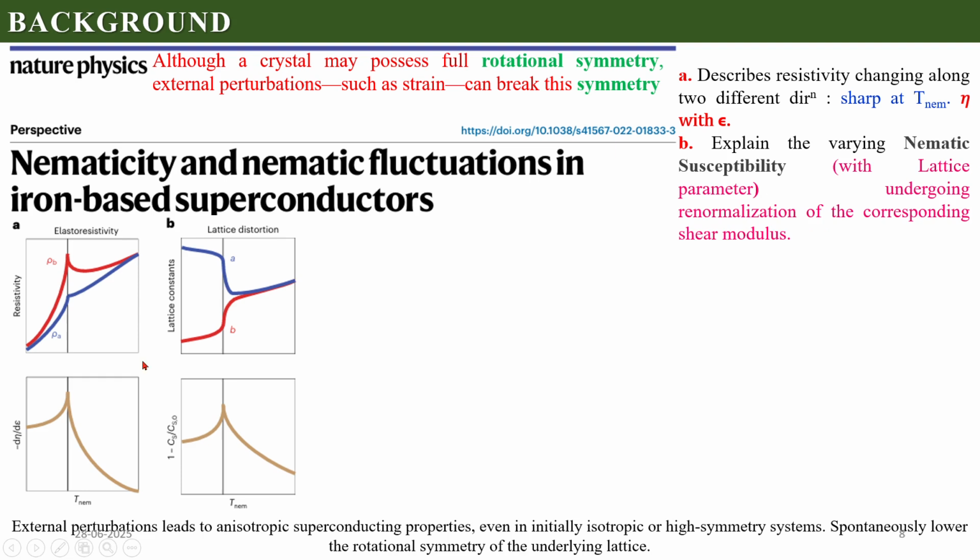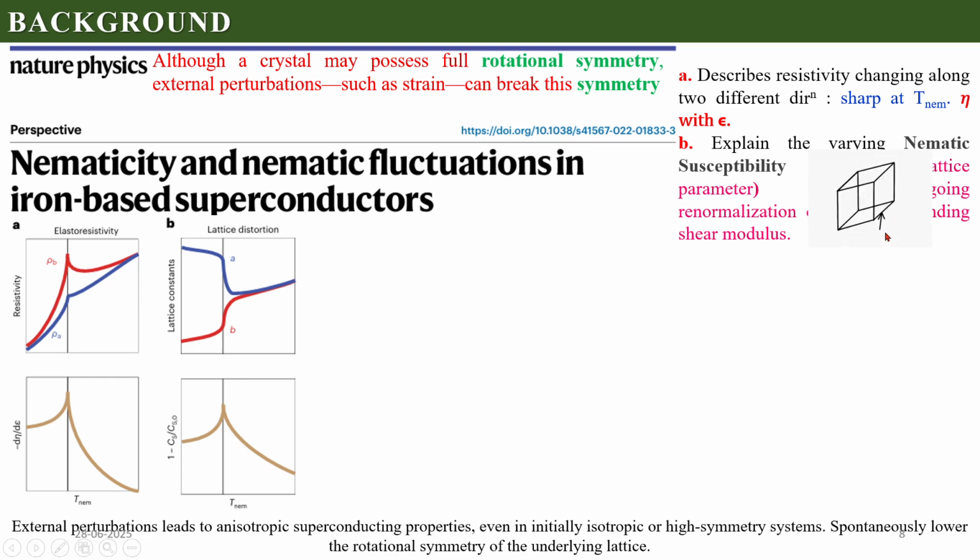And this is the lattice distortion, meaning that if a material distorts its lattice and goes into a different symmetry, it shows a very large difference across the nematic temperature where the symmetry is breaking. In the animation this has been shown here.